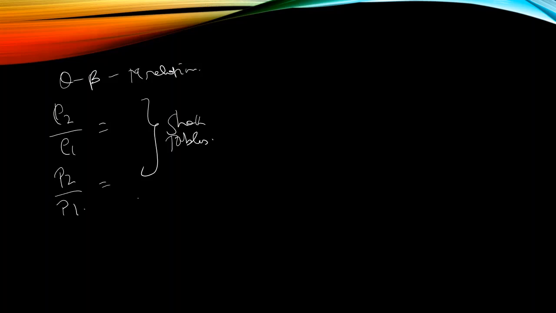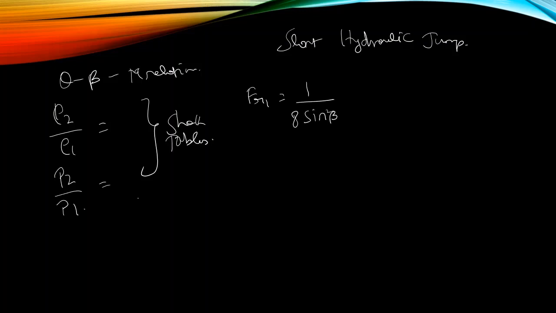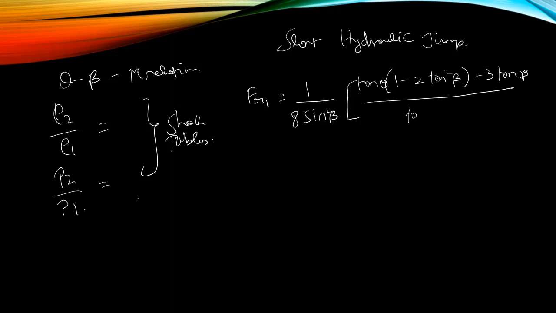But for slant hydraulic jump, what are the equations? Froude number is equal to [1 by 8 sine square beta, tan theta (1 minus 2 tan square beta) minus 3 tan beta, divided by tan theta minus tan beta] whole to the power of 1 by 2.